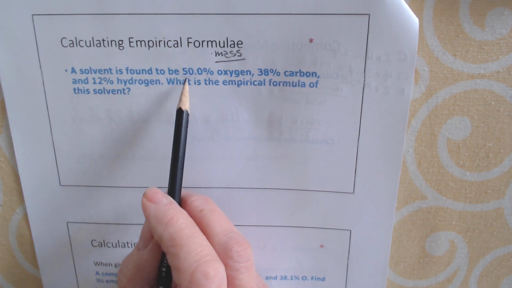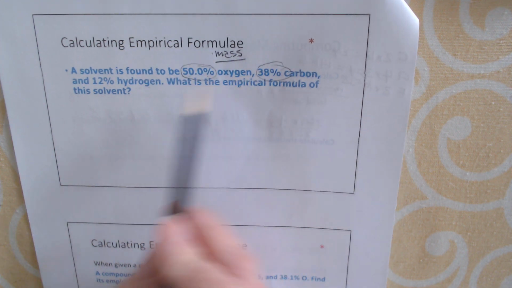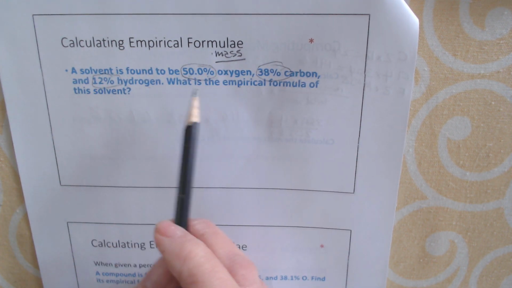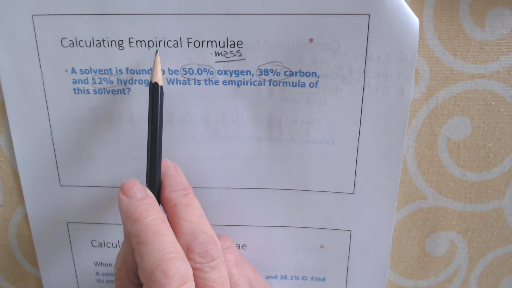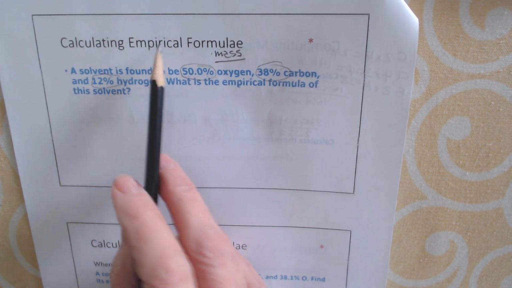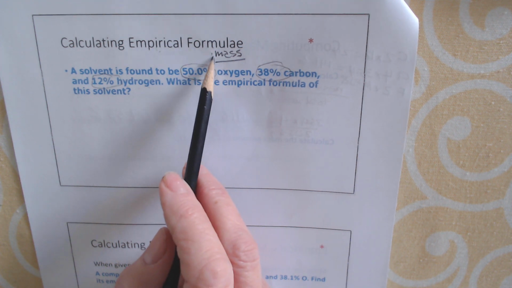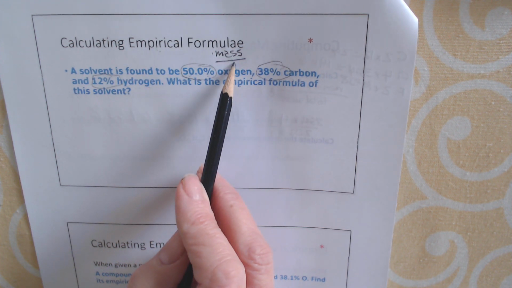Now, the next thing that we need to understand is these numbers are operating as a ratio, right? And what I'm asked to provide is empirical formula, which is also a ratio. But an empirical formula doesn't have any reference point of mass in it whatsoever, right?